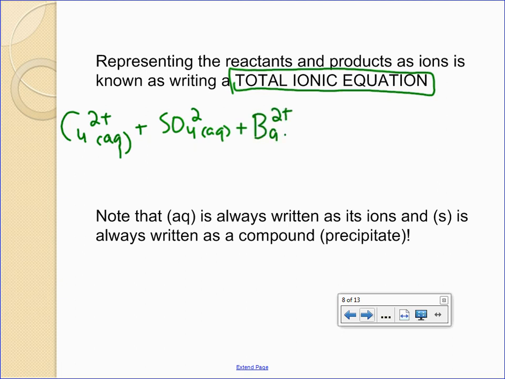So we have our barium ions in solution. And remember that we are dealing with barium chloride, which is BaCl2. So when barium chloride splits apart into its ions, it will generate 2 chlorine ions.